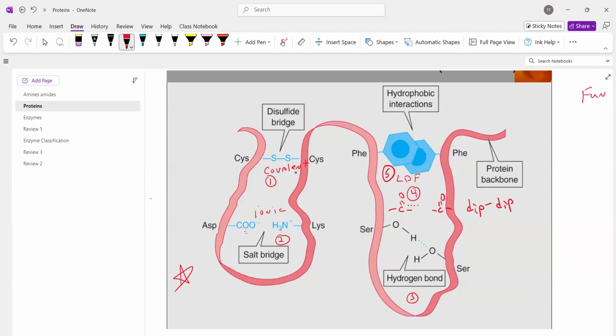So you have 5 ways to do this, and these are all called crosslinks. And the crosslinks give a unique shape to the protein.